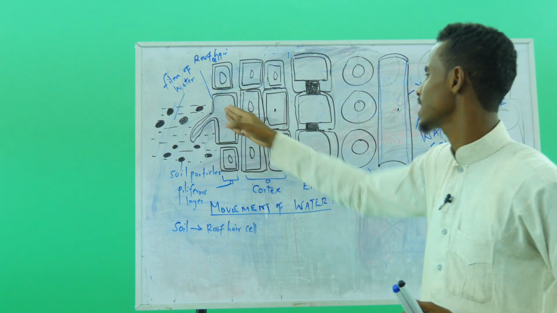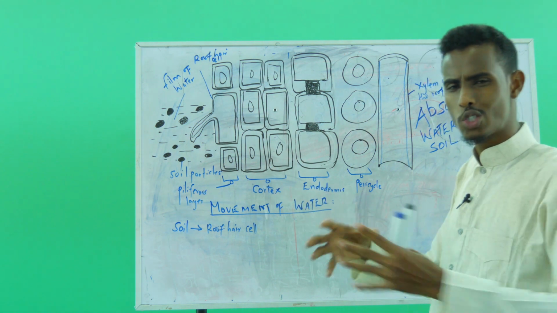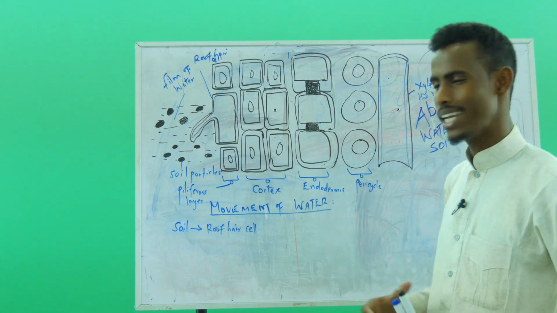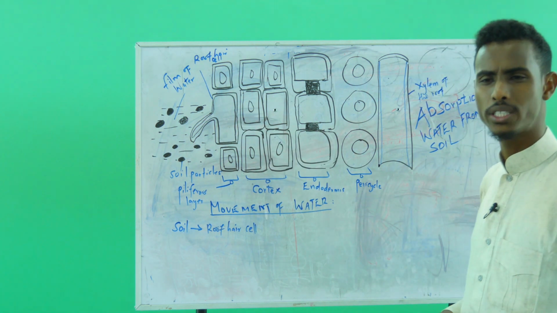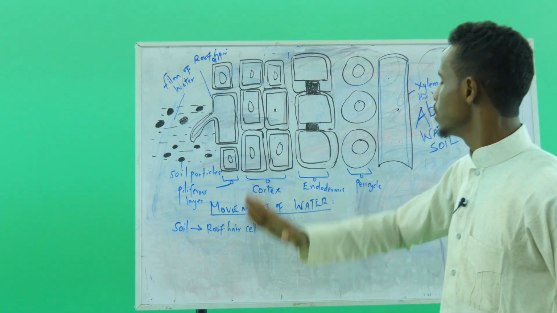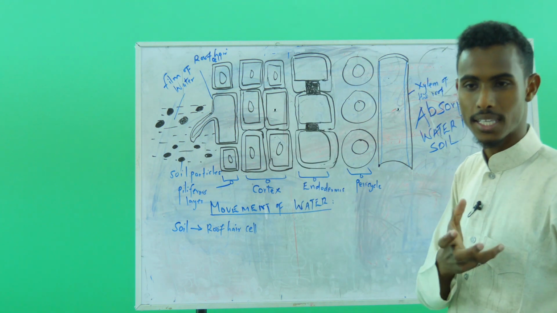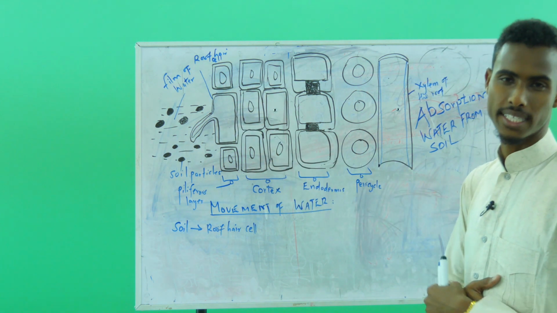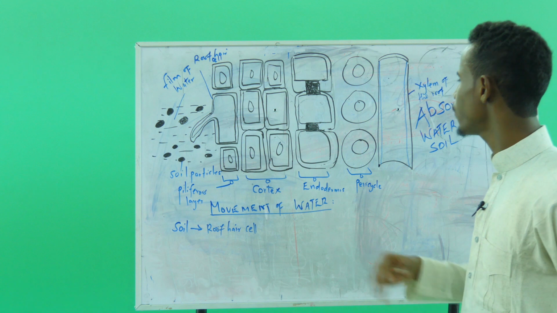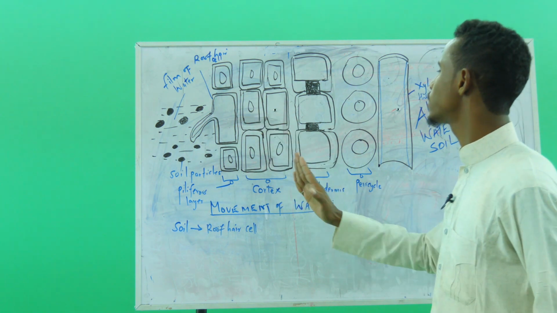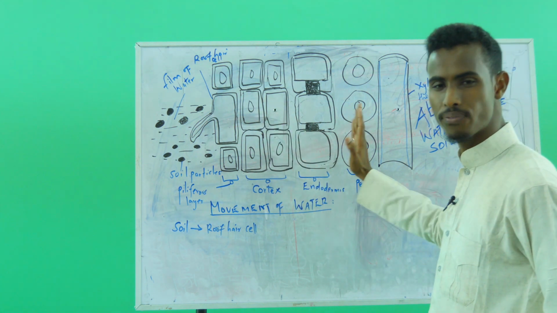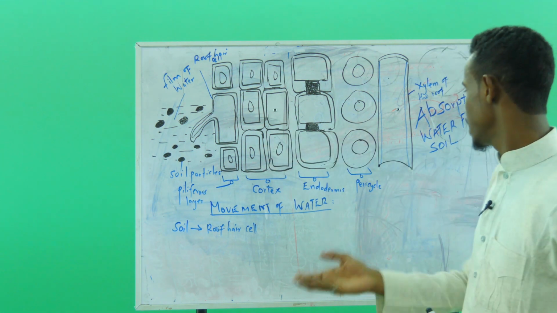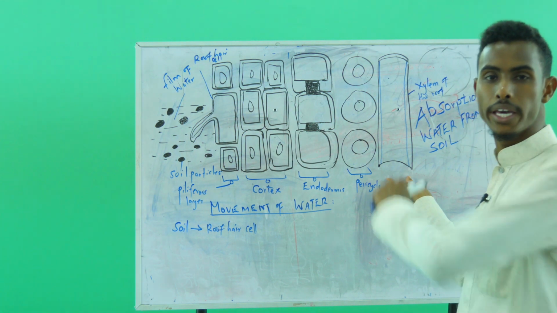As more water is drawn in, the root hair cells get diluted and become hypotonic to the adjacent cortex cells, so water is drawn from the root hair cells into the adjacent cortex cells. This process is continuously and successively repeated until water finally reaches the xylem of the root.